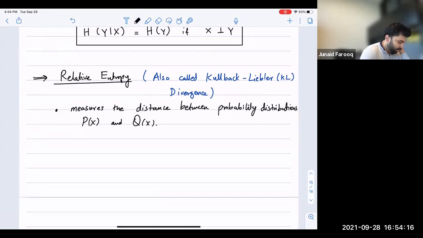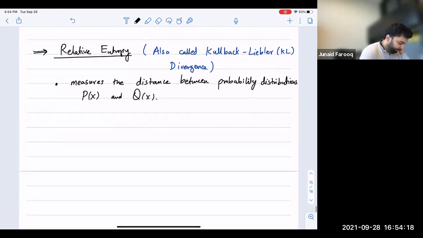Just like one of them can be a uniform distribution, the other one can be a geometric distribution or binomial distribution, things like that.